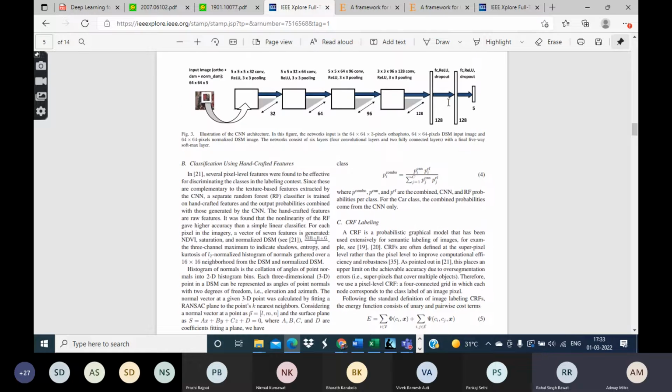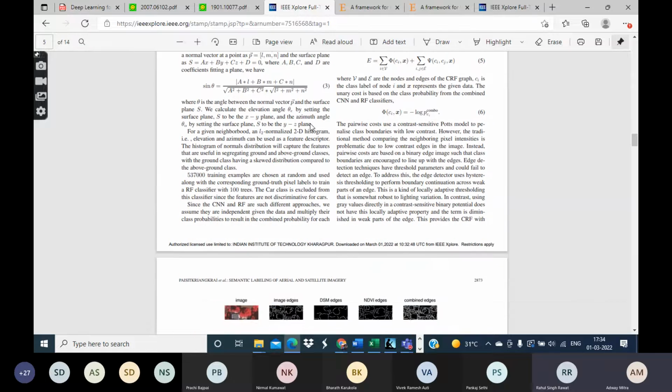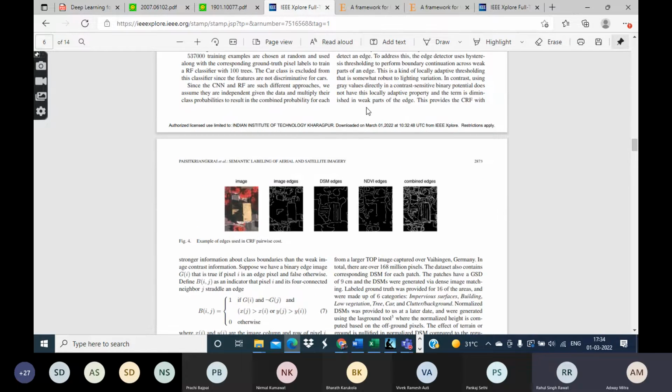So basically, in the CRF, it's a graphical model, which means that for every pixel we have a node, and then we have edges between the neighboring pixels.